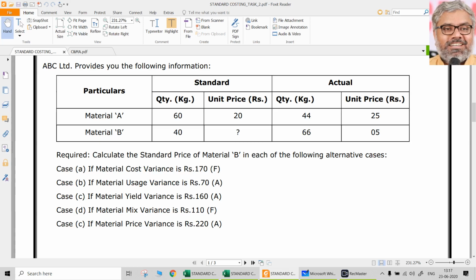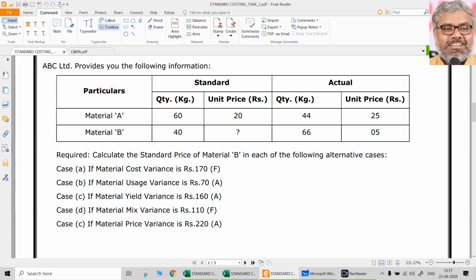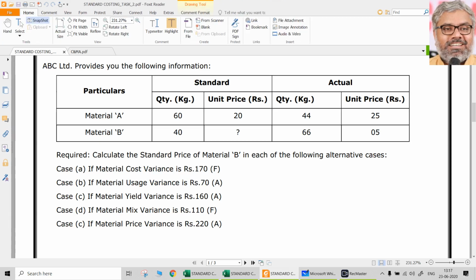So if we take this first example, where material cost variance is 170 favorable, so 60 into 20, that is 1200, plus 40x, that is SQSP, minus of, already we know the AQAP.